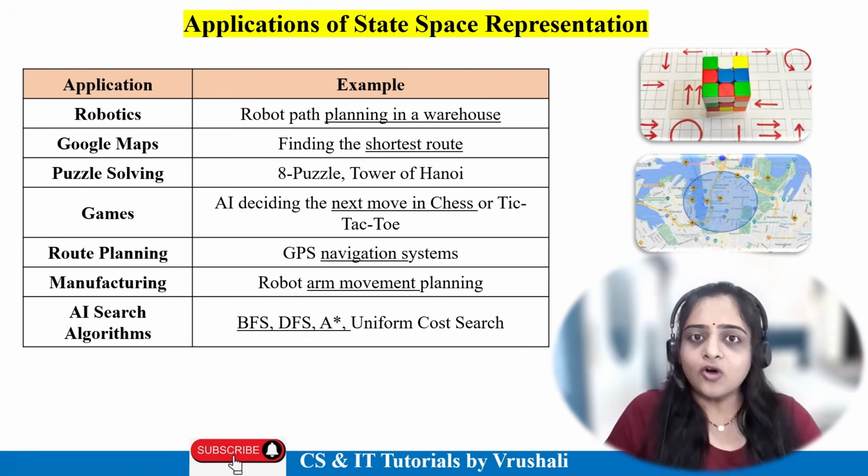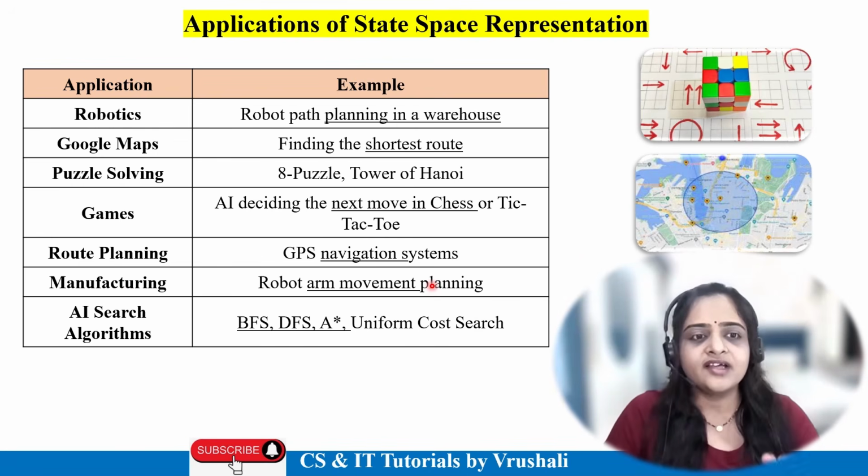Now, these are all the applications where state space representation problems are used. Like in robotics, for path planning in a particular home or warehouse, then Google Map, to find the shortest path, puzzle solving, like 8 puzzle, 4 puzzle, number problems. Next one is gaming, like chess, tic-tac-toe, route planning, and manufacturing, like robot arm movement planning: move left, move right, move straight.